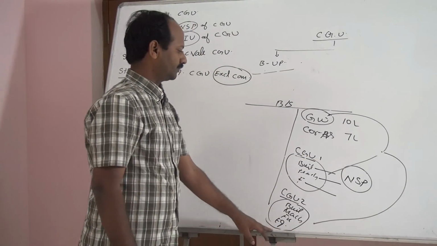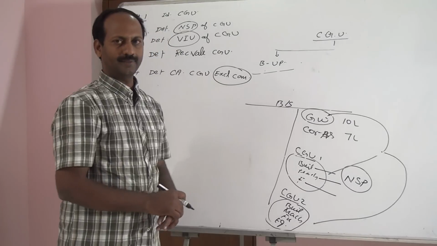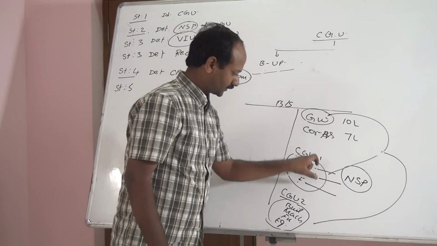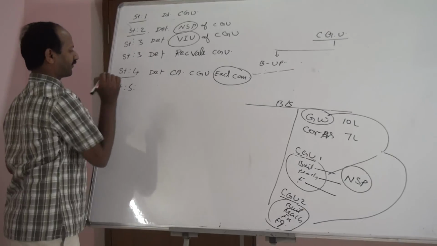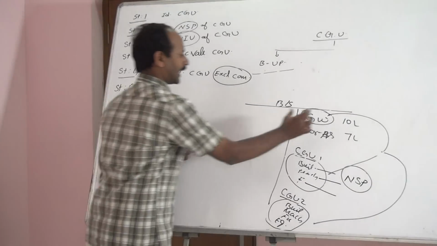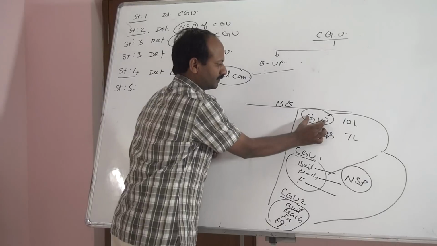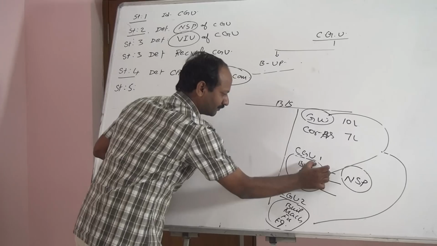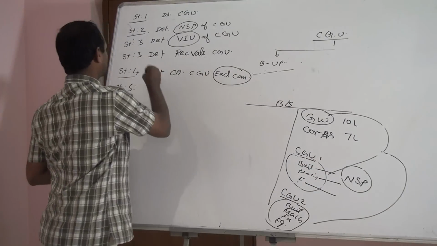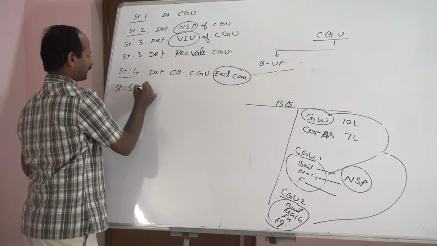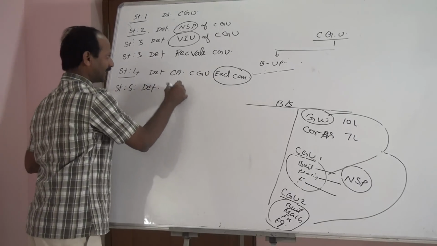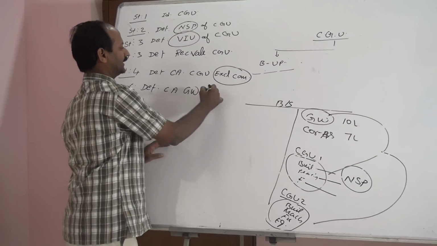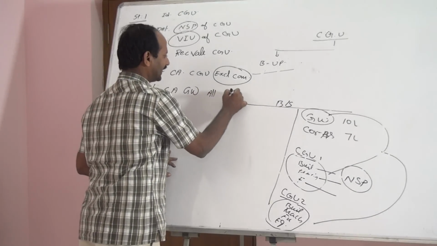In our problem, we are trying to find the impairment loss of CGU1. So, in step number 5, of the carrying amount of the total goodwill, whatever amount is allocated to our CGU, that amount we have to take here. Determination of carrying amount of goodwill allocated to our CGU.